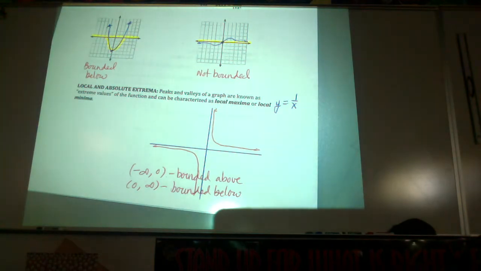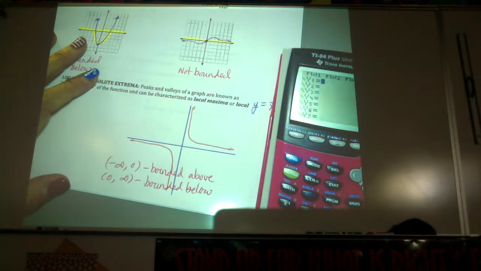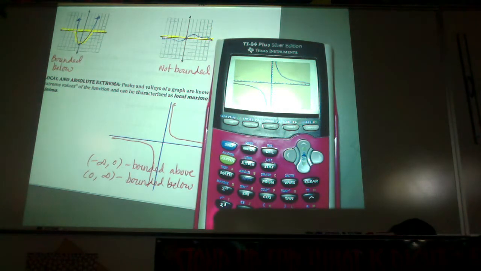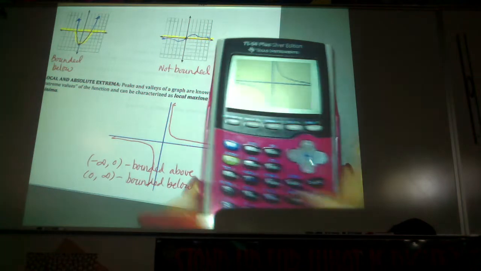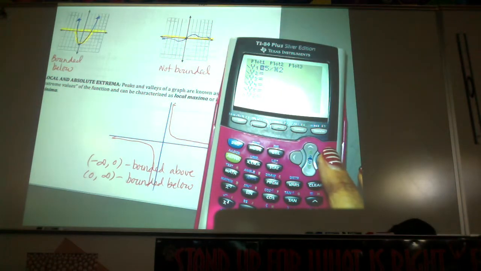I mean, you can change the graph to be like, let's just change it to 5 divided by x squared. So it'd look like that, right? Same thing. It's a very similar graph, but what if I did 5 over x, that's why it looks the same.